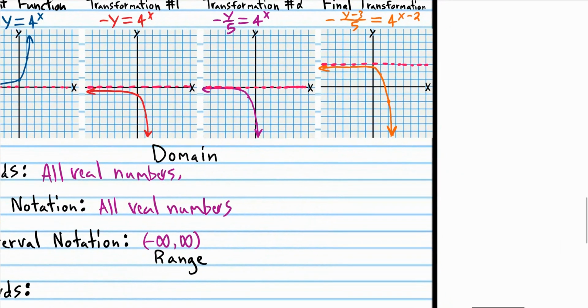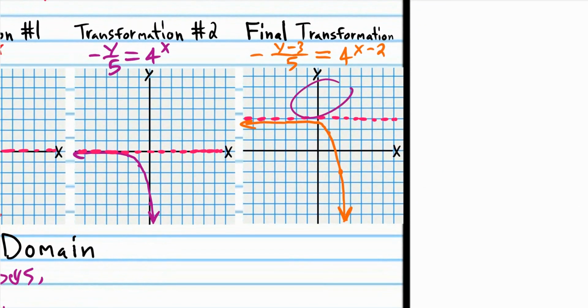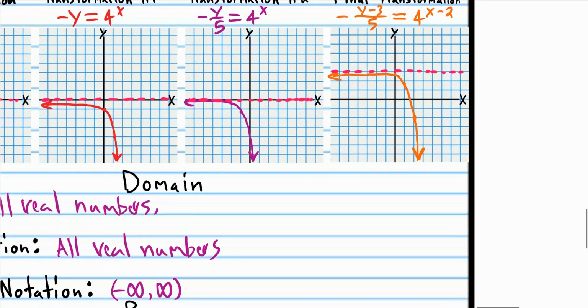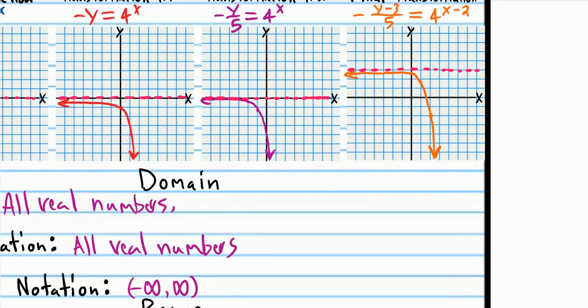And the range is restricted. There are no points up here, only points under the asymptote. So the y values of the points are going to be less than 3.